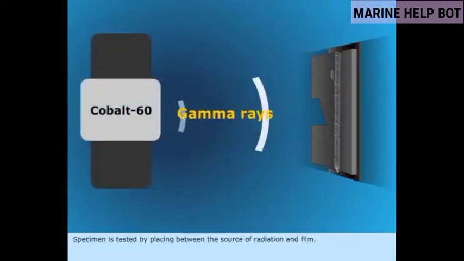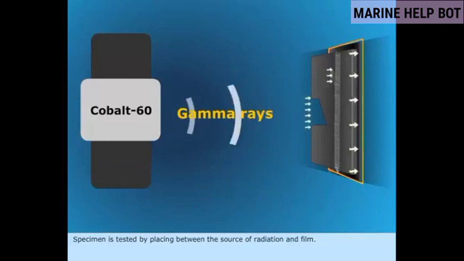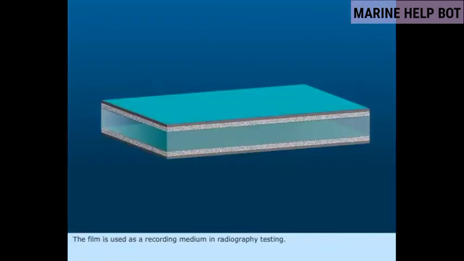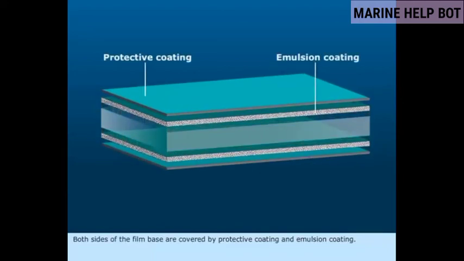The specimen is tested by placing it between the source of radiation and the film. The film is used as a recording medium in radiography testing. Both sides of the film base are covered by a protective coating and an emulsion coating.